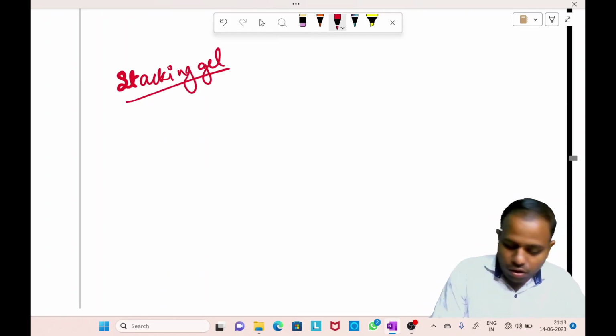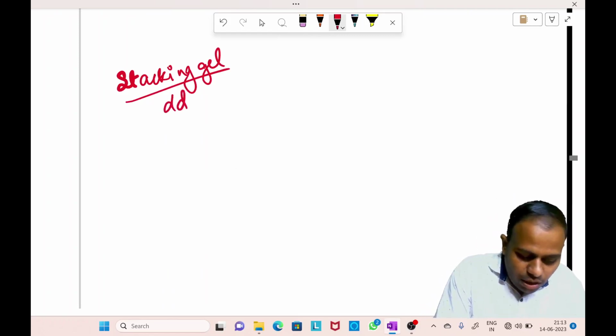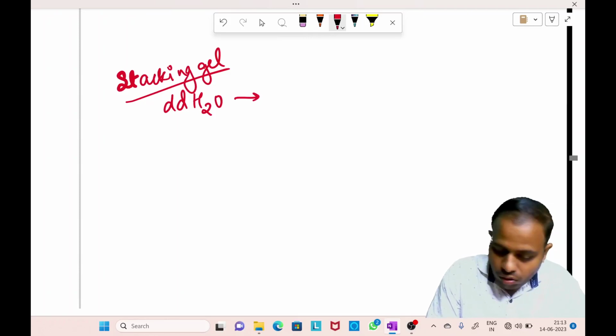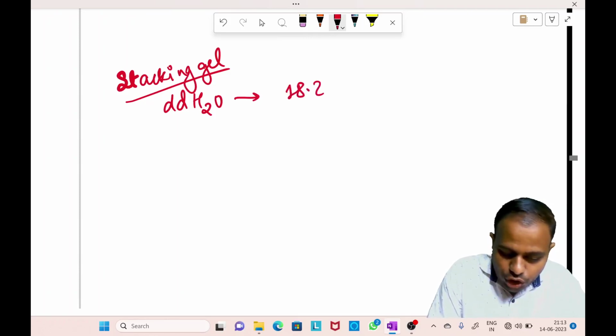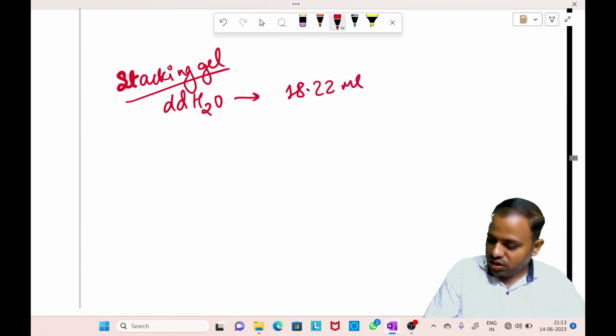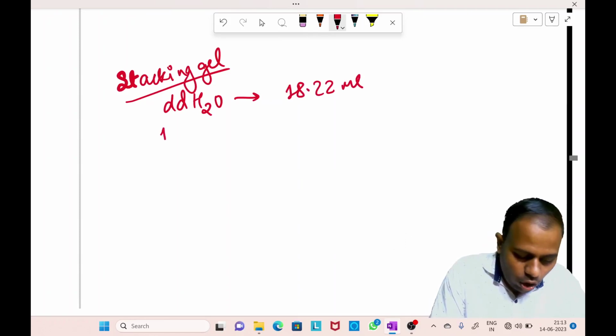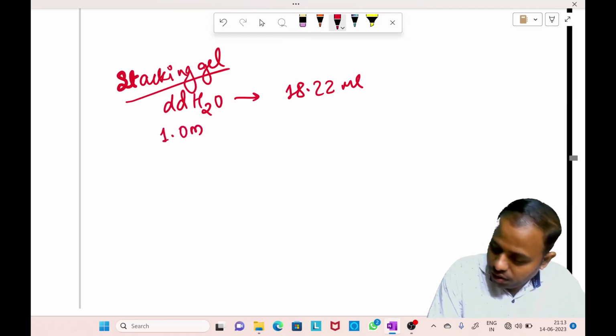First of all, you have to take double distilled water because you want it purified. I'll give you the composition for about 20 ml. You can reduce the quantity as per your convenience, depending on how much gel you want to prepare. And 1 molar Tris HCl.